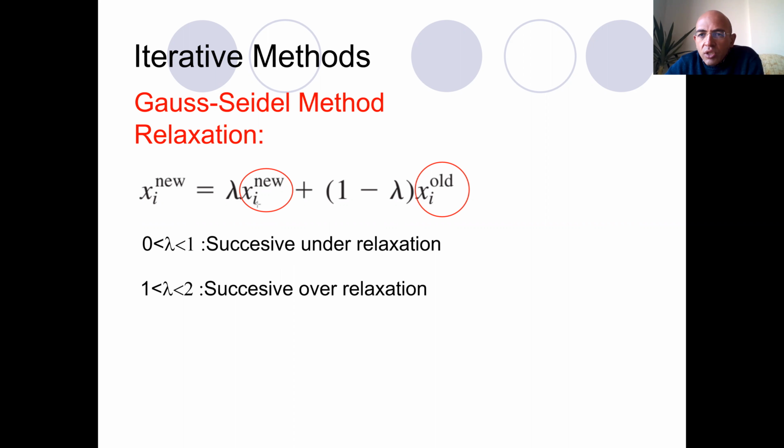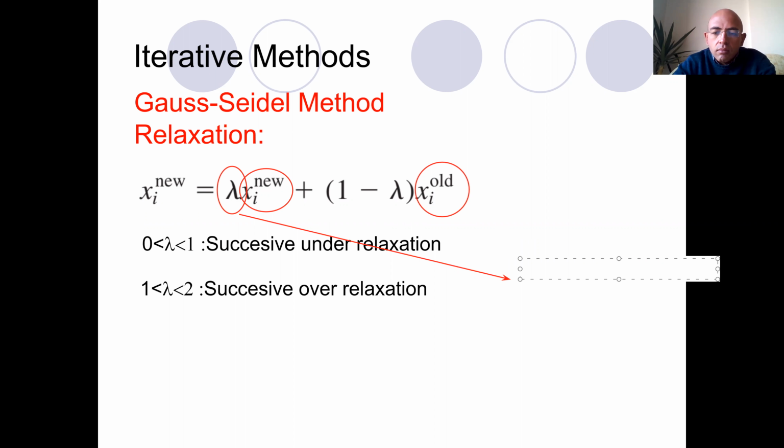Lambda is a parameter that's called the relaxation parameter. Sorry, it's a relaxation parameter, not the under relaxation. So lambda is the relaxation parameter.